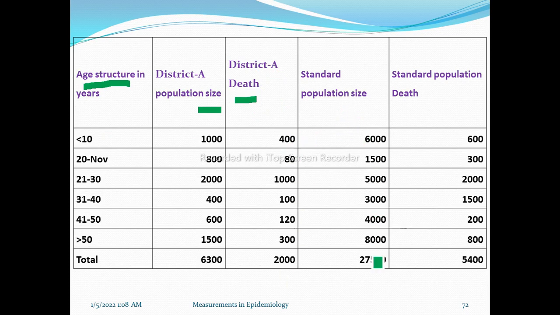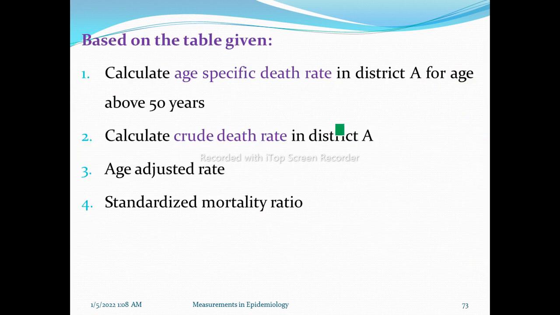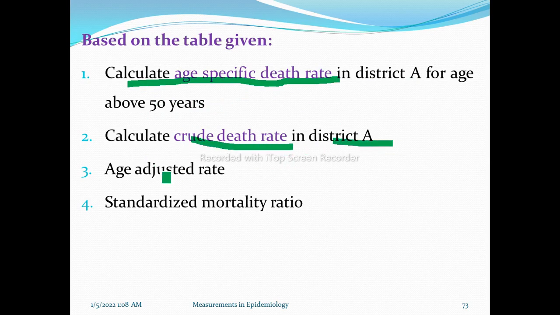The standard population, deaths in the standard population, is all this frequency, like 600, 300, 2000, like that. So this is given, but our question is to calculate the age specific death rate in district A for age above 50 years, the crude death rate in district A, the age adjusted rate, and the standardized mortality rate.